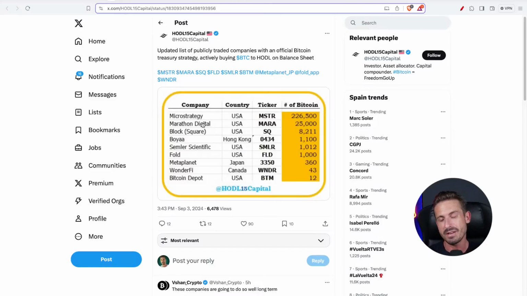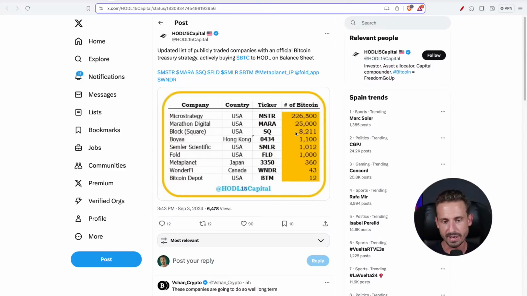We do have obviously MicroStrategy, Marathon Digital, Block, Boyaa, Fold, MetaPlanet, WonderFi, Bitcoin.app, more big players adding Bitcoin, of course, MicroStrategy being the top one with 226,000 Bitcoin, sorry, I'm thinking millions now, I don't know why. 226,000 Bitcoin, not millions of dollars, Bitcoin. So a massive amount of Bitcoin they have, MicroStrategy.